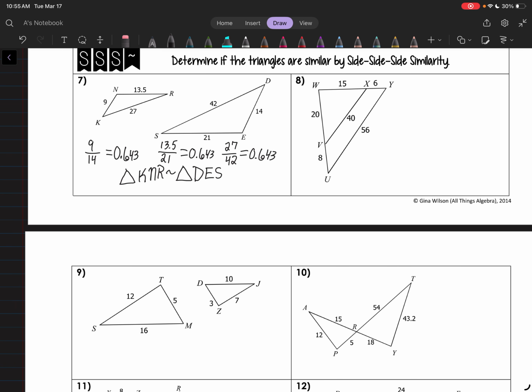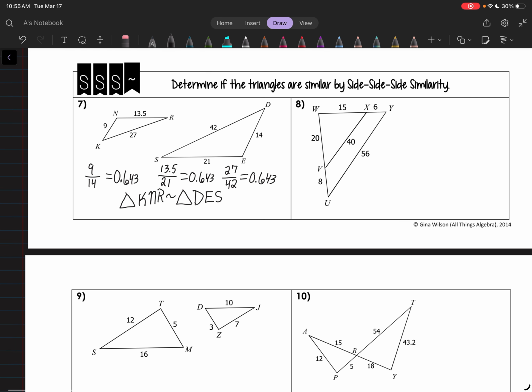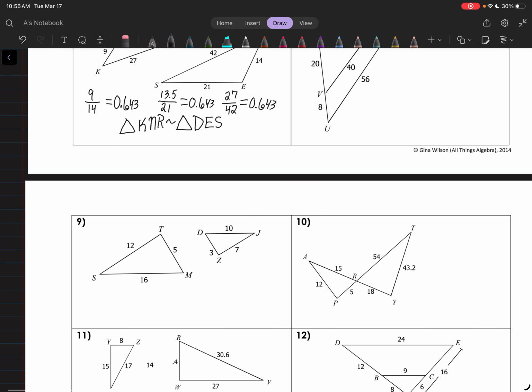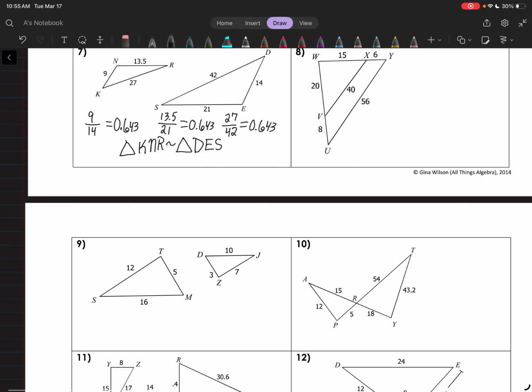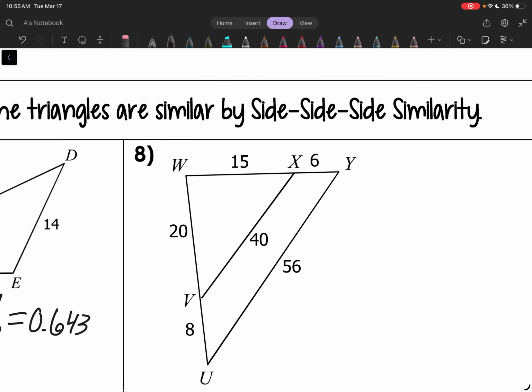Try 8 through 10. Actually, I'll do number 8. Try 9 and 10. Number 8.